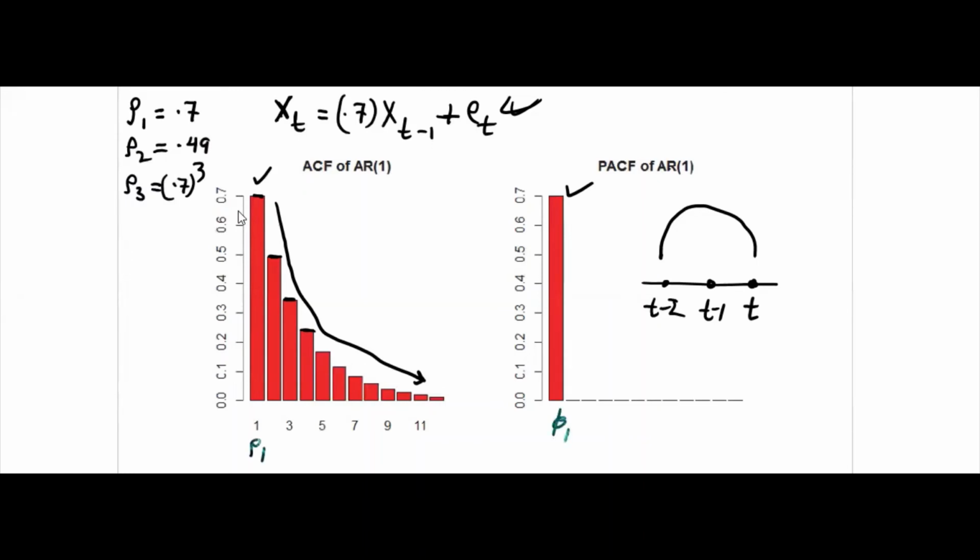Because whatever is the direct relation between T and T minus 1, that is the direct relation between T and T minus 1 when we find partial autocorrelation. So we find only direct correlation. We don't include those indirect correlations.